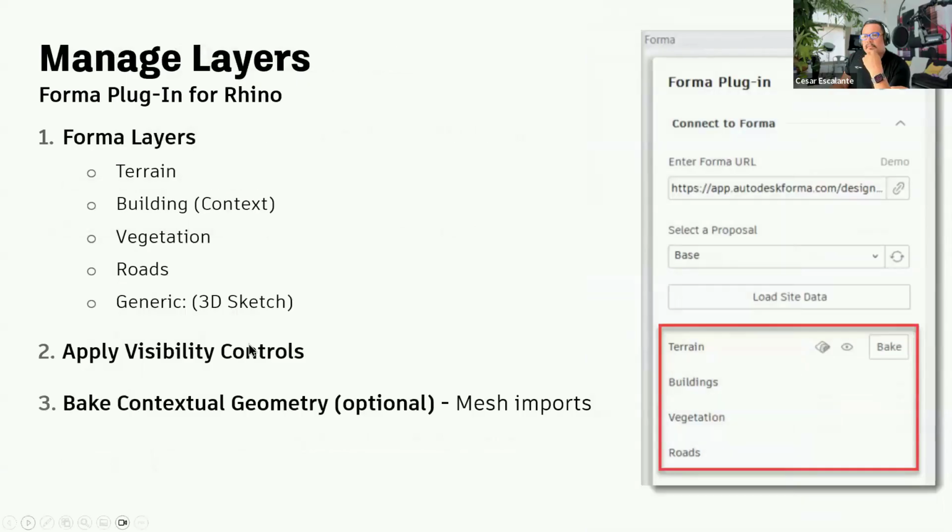The next thing to know is that within Rhino, you can control the visibility of all these imported Forma contexts by managing the visualization of the different layers. The list of Forma layers is right below the load site data button, and you can use the little eye to switch on and off the layers associated with that.